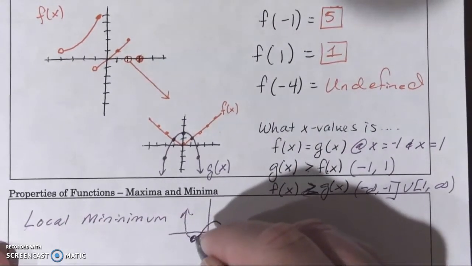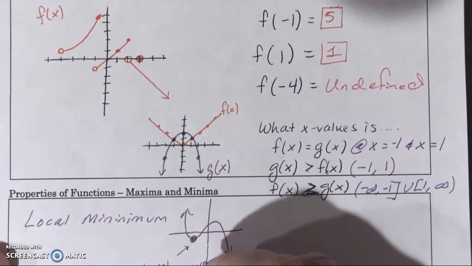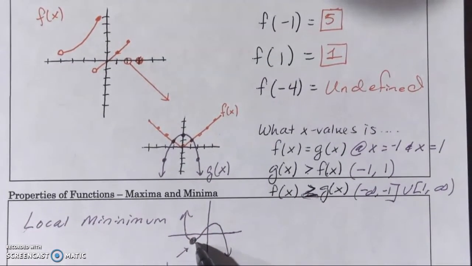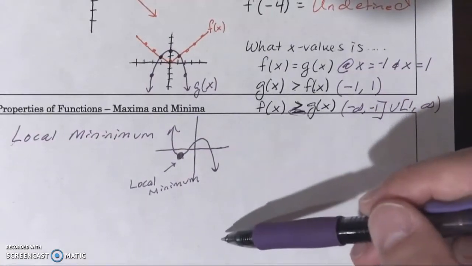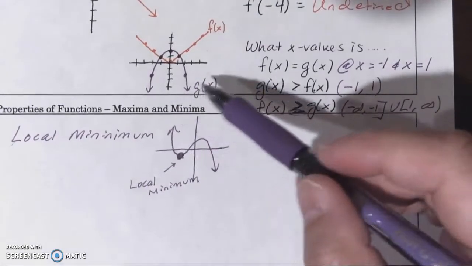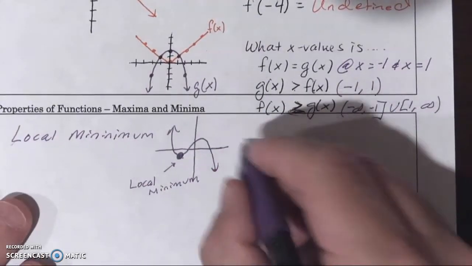This point right here would be considered a local minimum. It is not the lowest point on this graph. The lowest point on this graph, as you can see, would be all the way down at negative infinity. But if I give you the definition of local minimum, it should make a lot of sense.